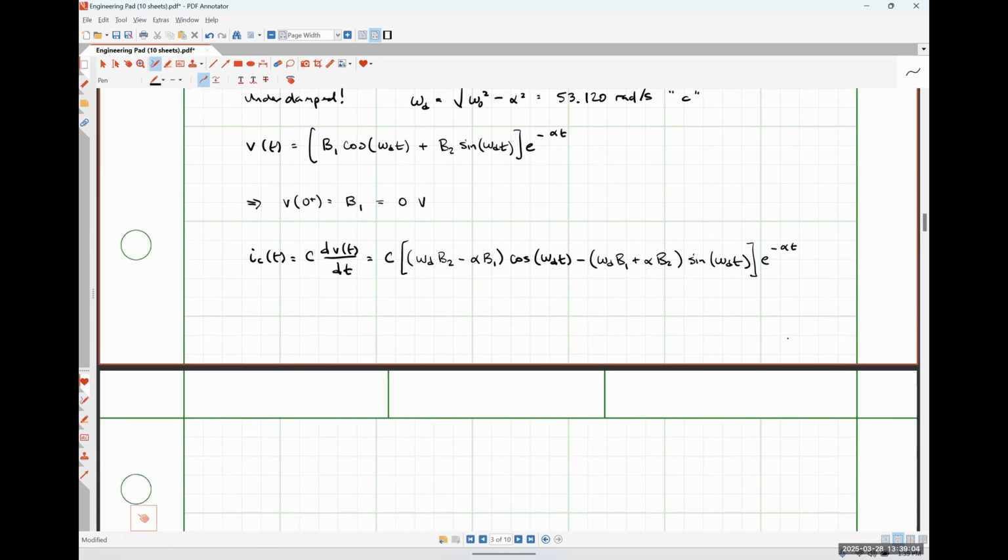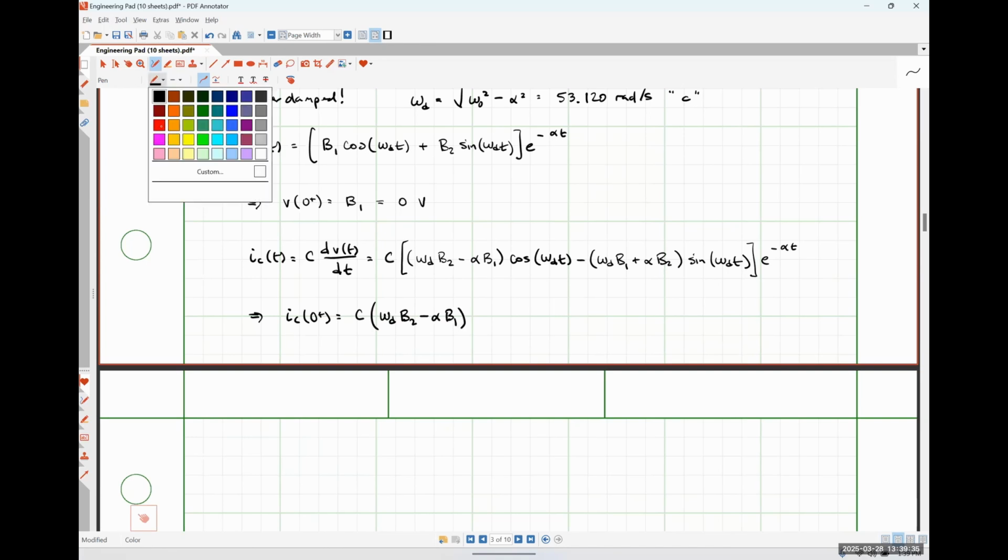Okay. Well, what happens if I evaluate this at 0 plus? Once again, my cosine function is going to look like 1. My sine function is going to look like 0. My exponential function is going to look like 1. And so essentially, all that's going to survive is C times (omega_d B2 minus alpha B1).